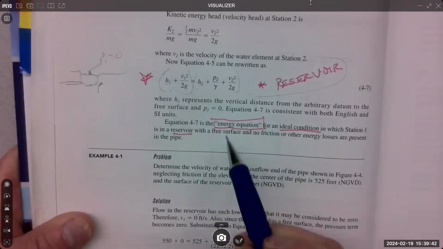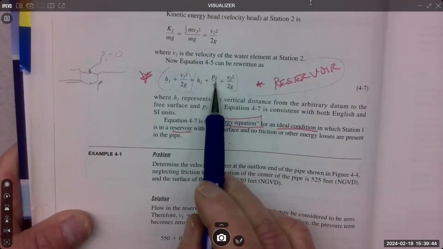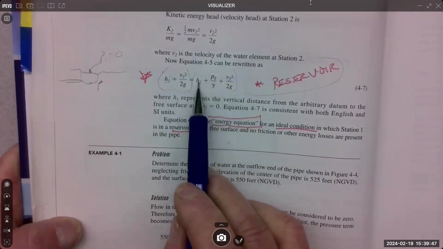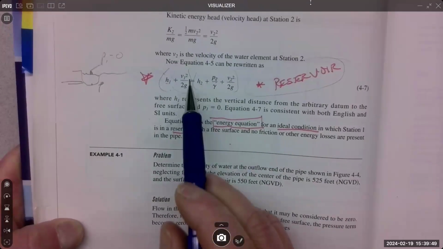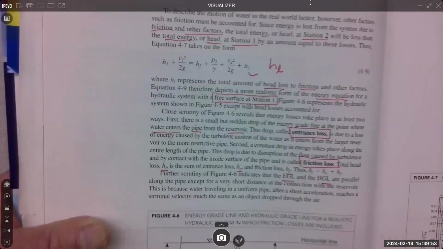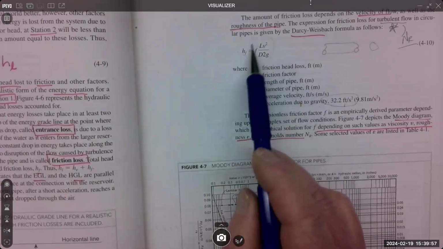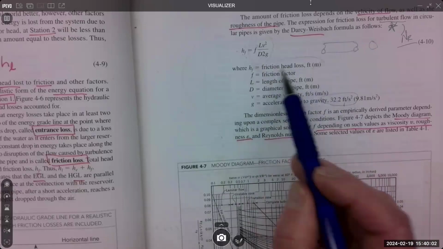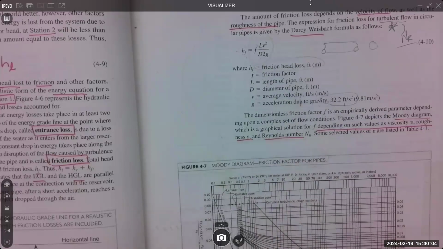Okay. So velocity head, pressure head, potential energy head, here's more velocity head. And then we'll have losses. We will add in friction losses, H sub F, and then we'll go through a derivation to figure out how much the friction head loss is for this piping system.